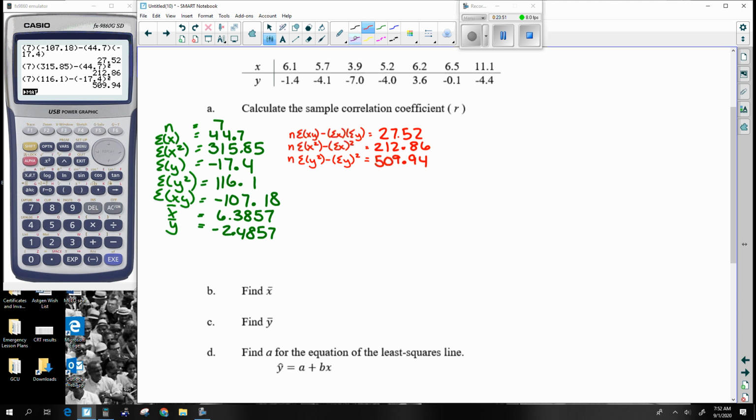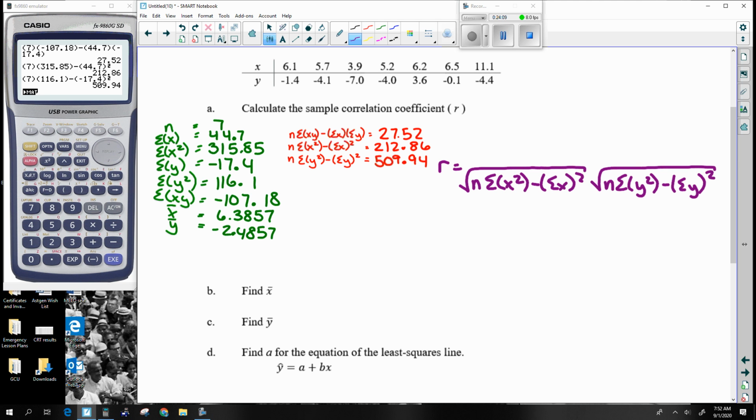So I write down the big formula and put the numbers in their proper places.